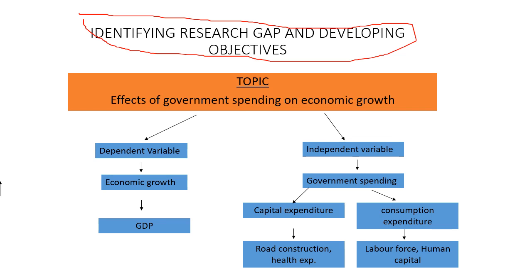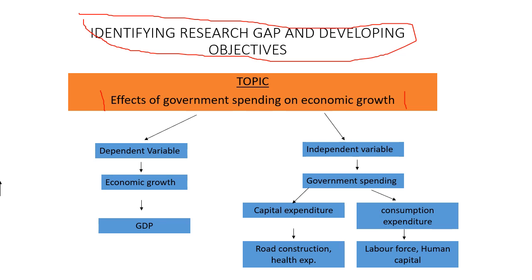In your evaluation, you come to understand that a topic like the effect of government spending on economic growth has been done maybe in the United States, in Nigeria, in South Africa, but not in Ghana.